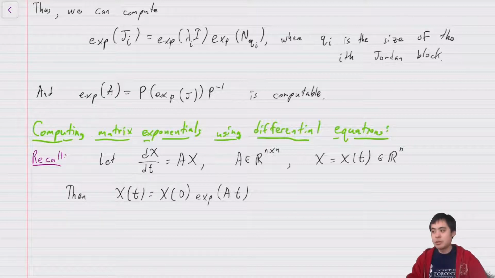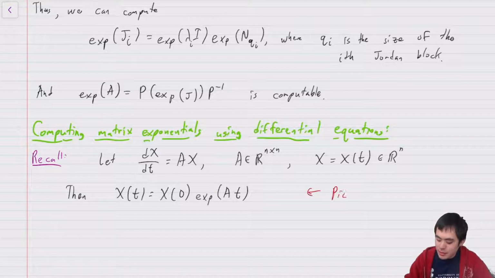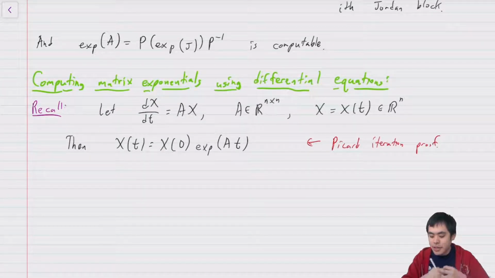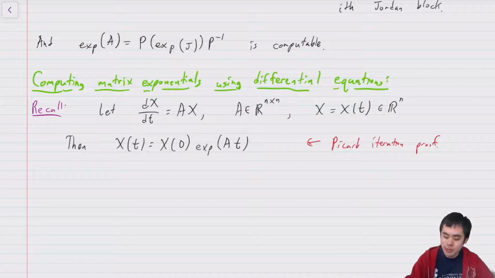And this is something that you can prove using things like Picard iteration, which you should have seen in a differential equations class. But we're not going to go into that. So suffice it to say that the matrix exponential can be used to give the solution to a differential equation as well.